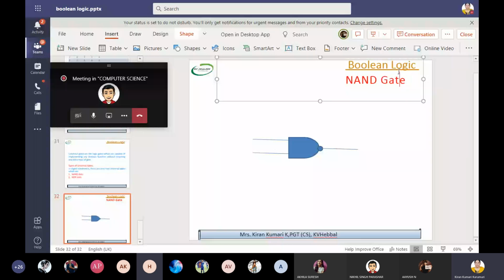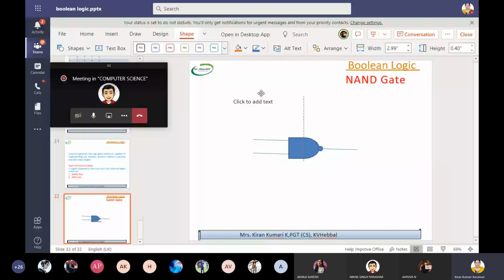In the NOT operation you get A dash, and in the AND operation, A and B. So we are doing the NOT operation only. If A is the input, what must be the output? A complement is the output. A dash is the output.